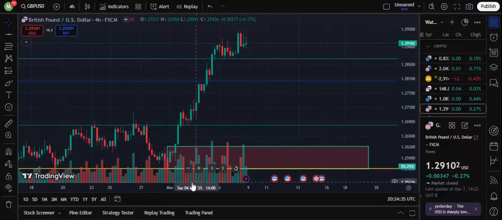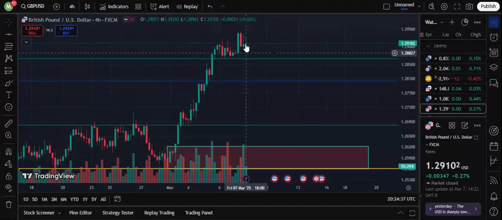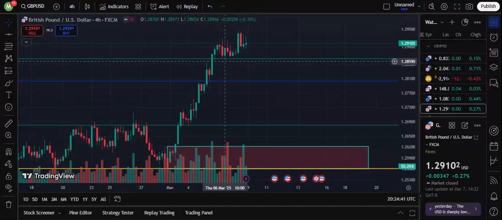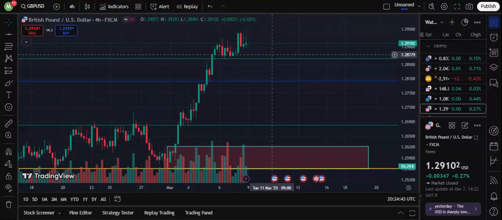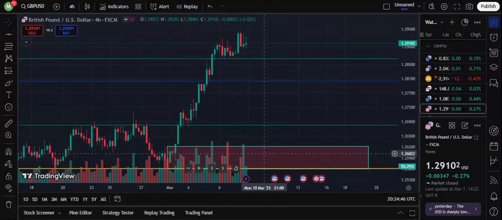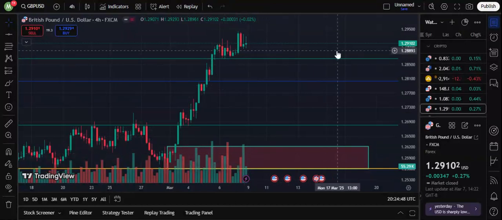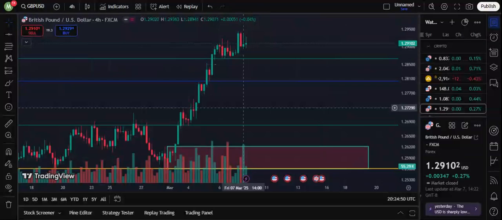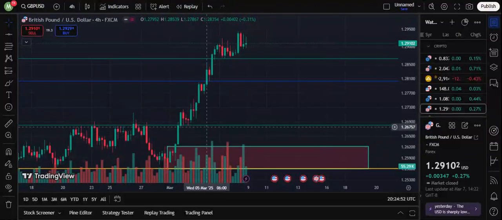We should expect that if price comes down, breaks this support here, goes back, tests, and then starts buying, it will come here for a bigger move to the upside. That is what I'm expecting on GBPJPY and USD, on this pair.